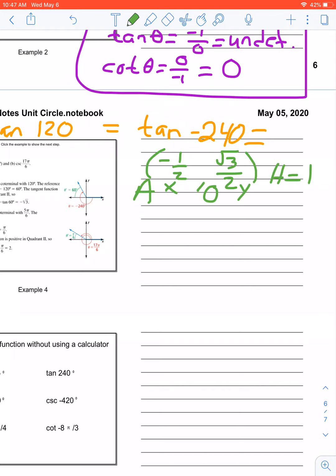Well, All Students Take Calculus, so I know that tangent is going to be negative here, because 120 or -240 is in quadrant 2. And in All Students, only sine and cosecant are positive there. Okay? So now I go through and I start solving.